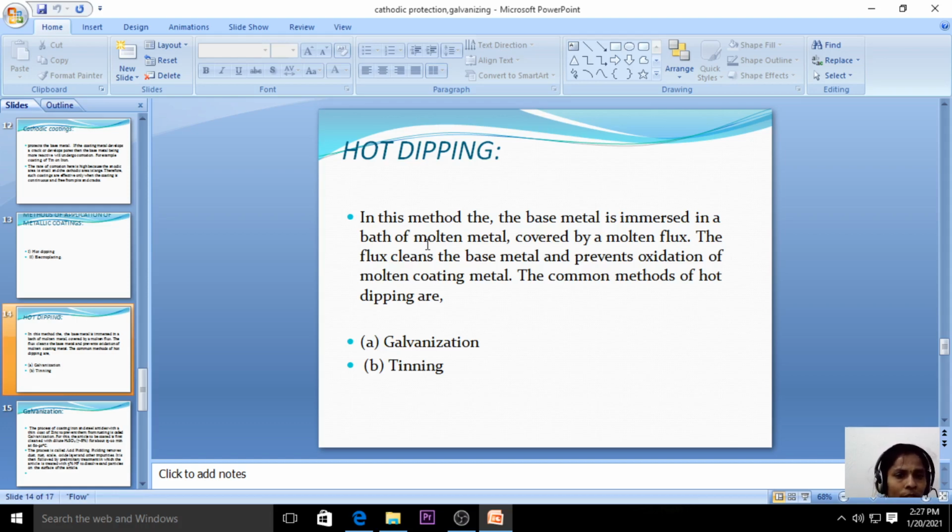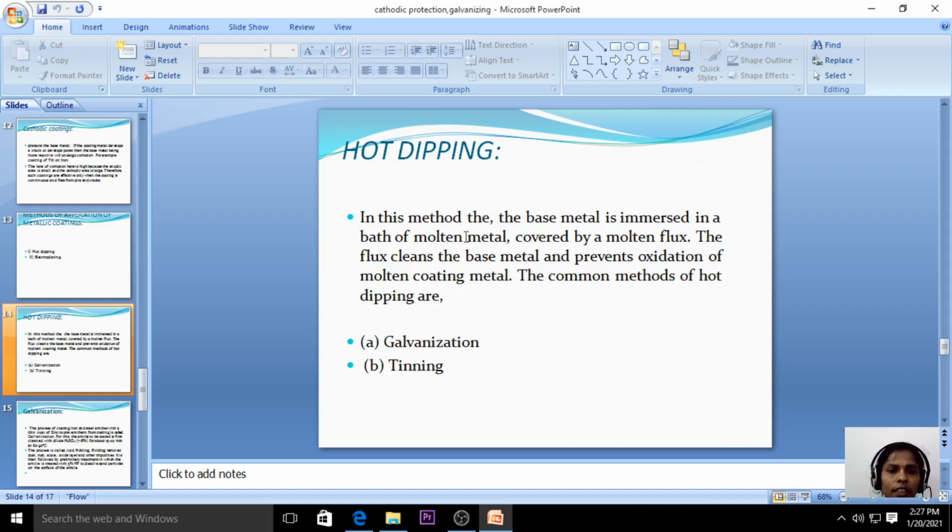So the base metal is dipped in the low melting point metal. That means initially the low melting point metal is heated and converted to liquid, and the high melting point metal is dipped in it. Like that we coat the base metal with the coating metal. That is the hot dipping process.